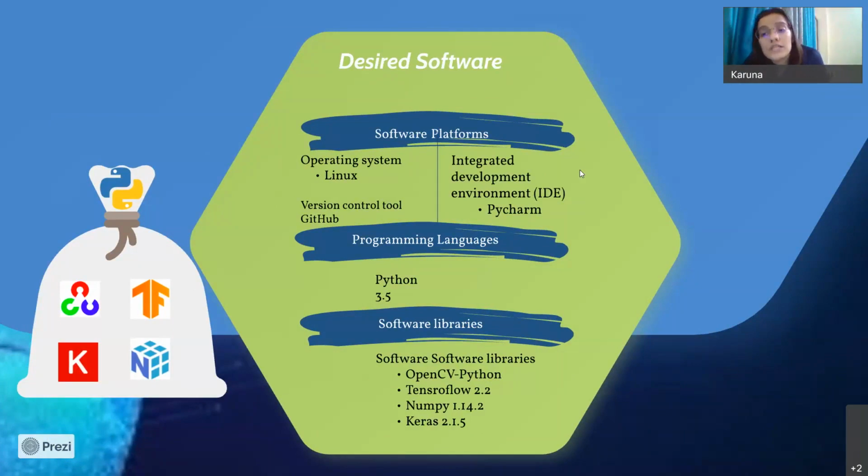The libraries which can be used with Python are OpenCV, because we are working with image, video and audio, and all of them together can be worked with OpenCV. TensorFlow, Keras, or PyTorch are the three frameworks which you can use for training a neural network model. And NumPy, Pandas, whichever other libraries you require.